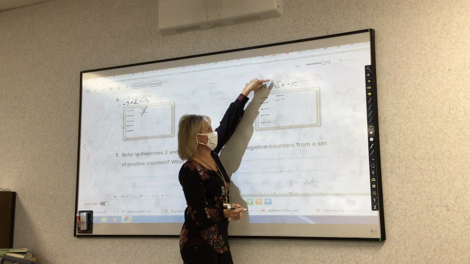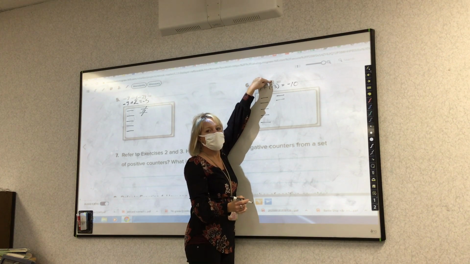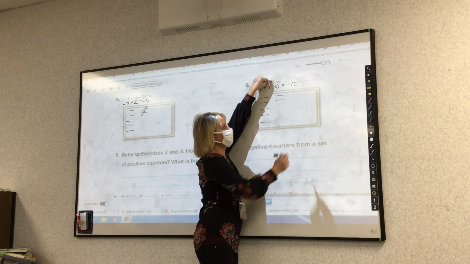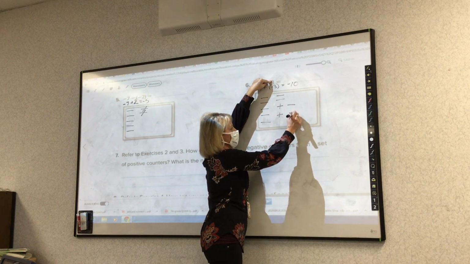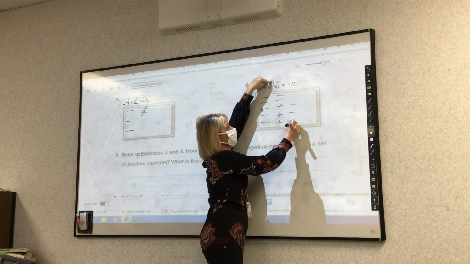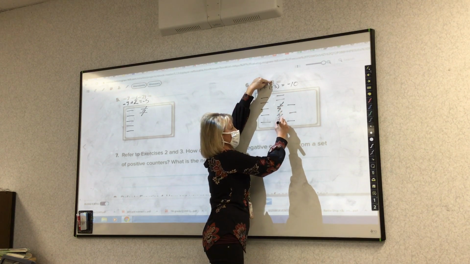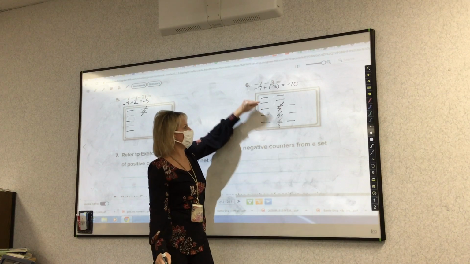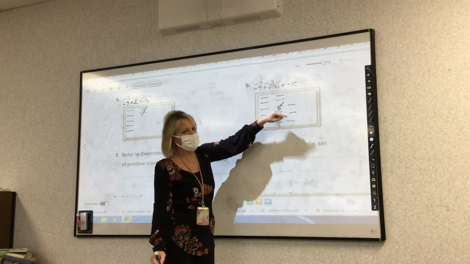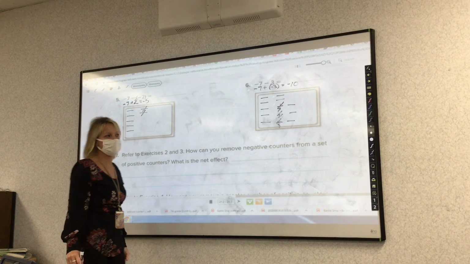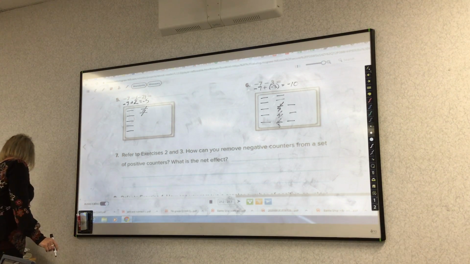I need to take away 3 positives. Do I have 3 positives? So I have to make some. 1, 2, 3. Take those positives away. I'm left with 1, 2, 3, 4, 5, 6, 7, 8, 9, 10. There are 10 negatives.